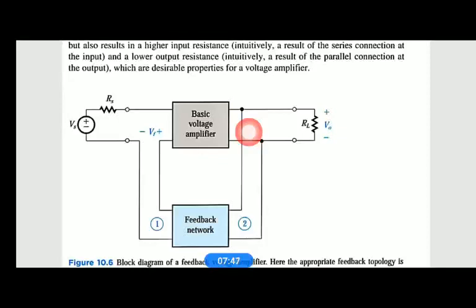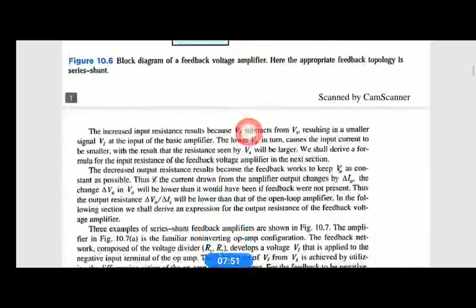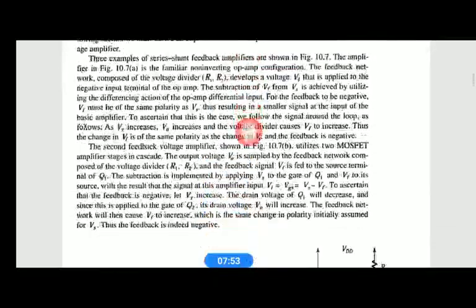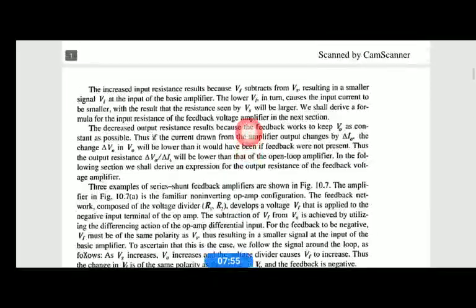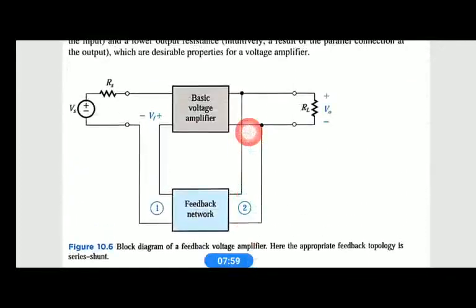So here the input resistance increases and the output resistance decreases. One more very important note you have to keep in mind: whatever feedback we are discussing here, all the feedbacks are negative feedback, right?